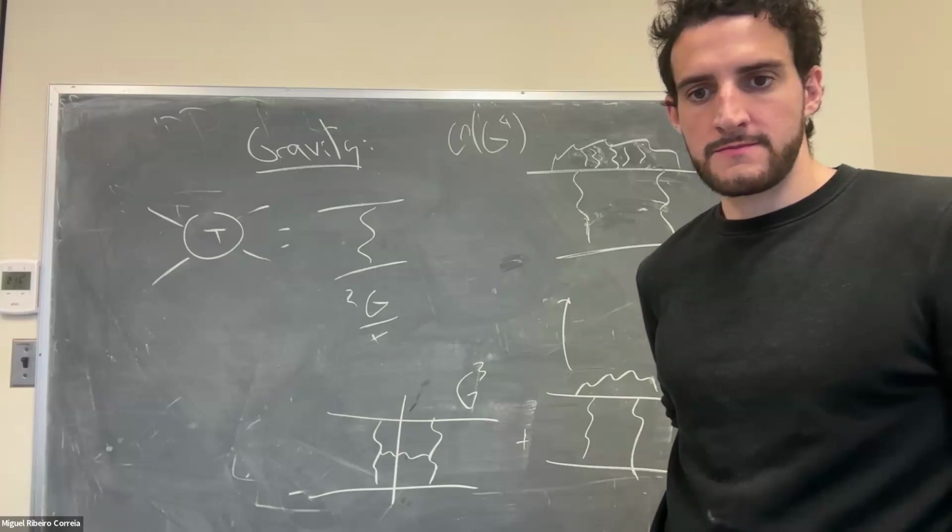In the ringdown process, after the merger, you have one black hole. If you were to draw Feynman diagrams, it would be the black hole interacting with something else, or like the two black holes that have already merged.